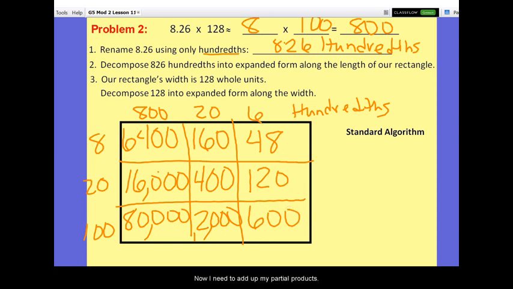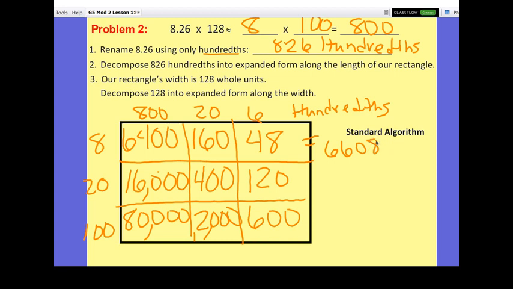Now I need to add up my partial products. When I add 6,400 plus 160 plus 48, I end up with 6,608.